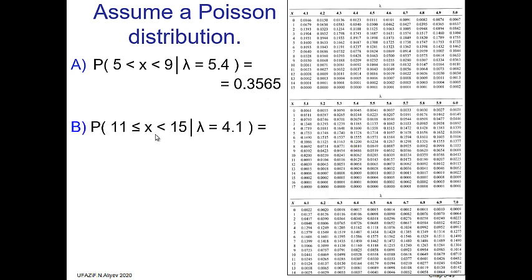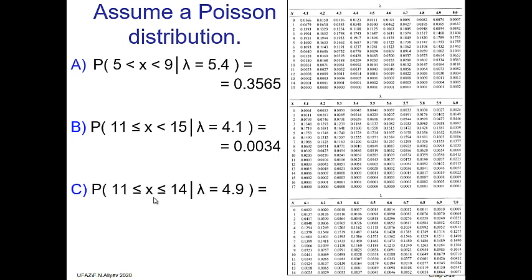11, 12, 13, 14 for lambda 4.1. These numbers you should add, you obtain this answer. 11, 13, 14 for lambda, the average number of events per unit.